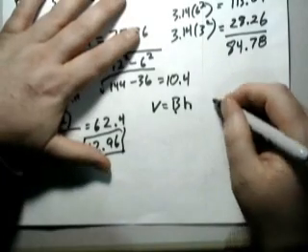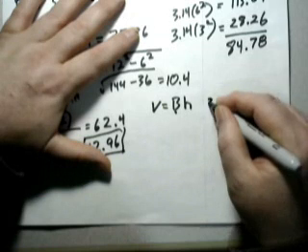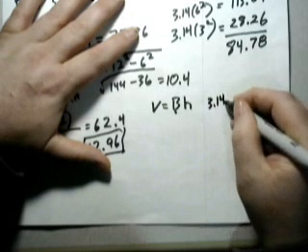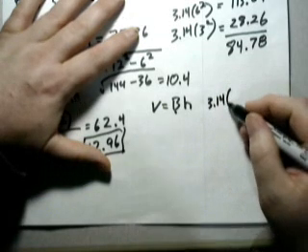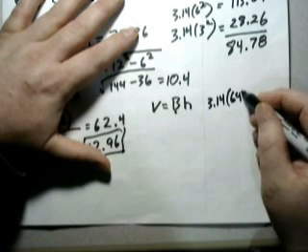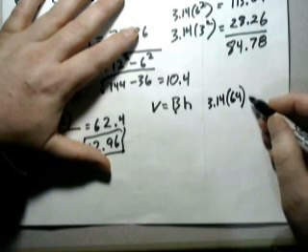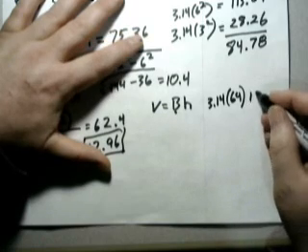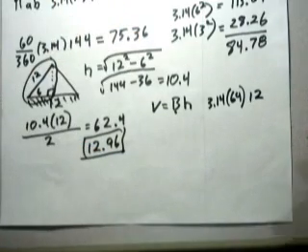So let's write this out like this. 3.14 times 8 squared, which is 64, and multiply that by 12 so we can get the volume of that figure. 3.14 times 64 times 12.